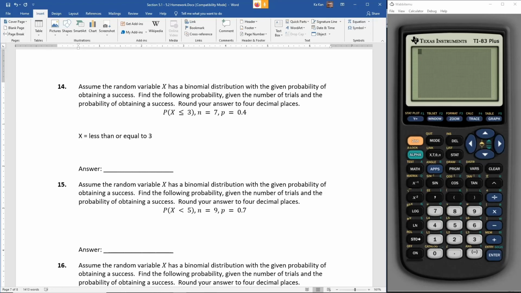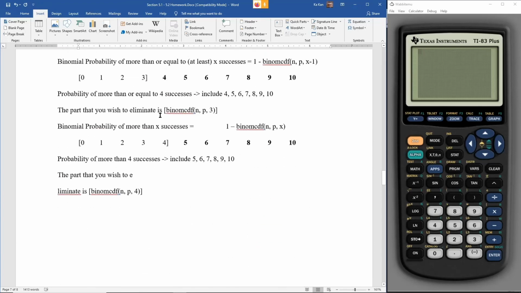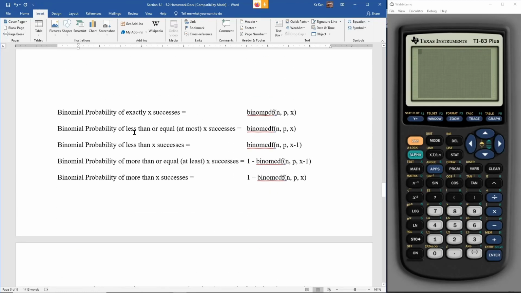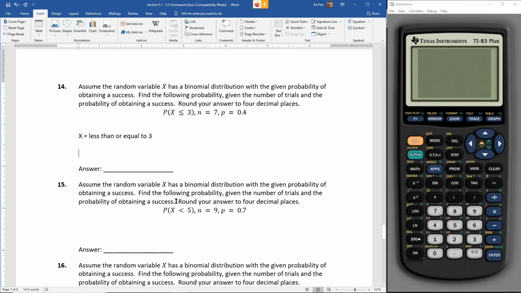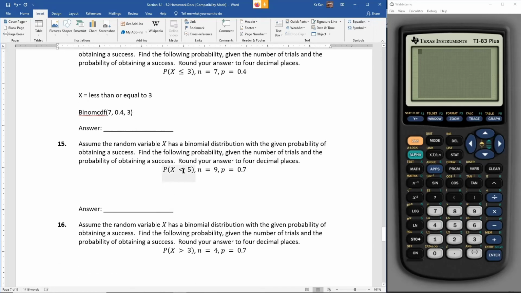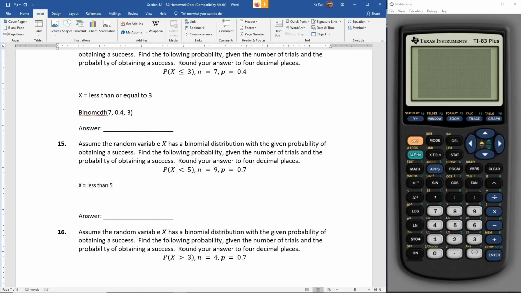Then you can go back to that cheat sheet that we got. Maybe just print it out and see. Less than or equal to is this guy, the CDF. So binomial CDF, and there'll be 7, 0.4, 3. Done. Now this one is less than. This x is less than 5.